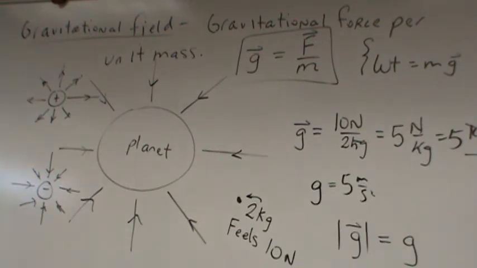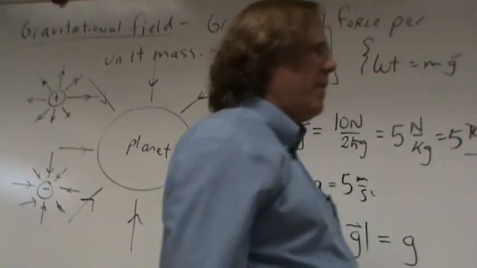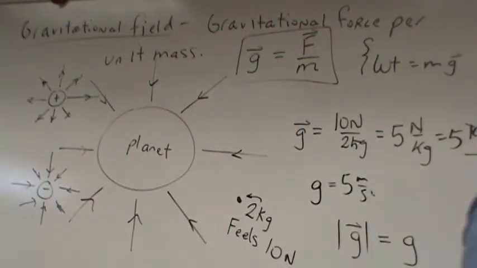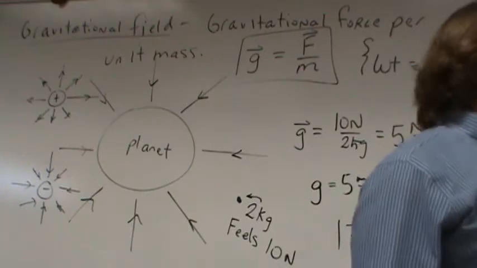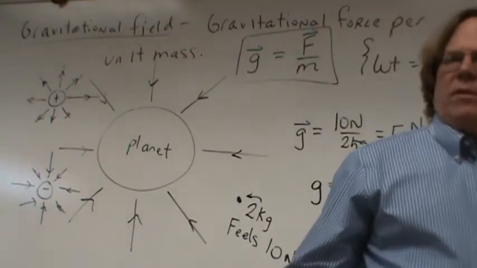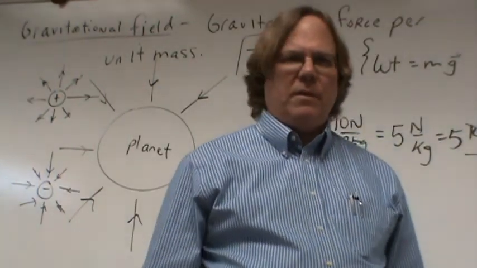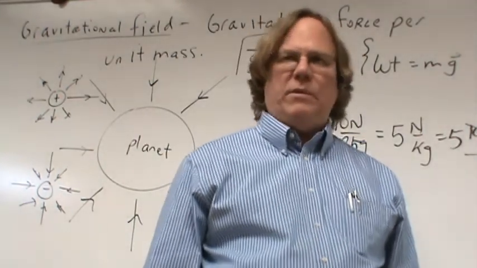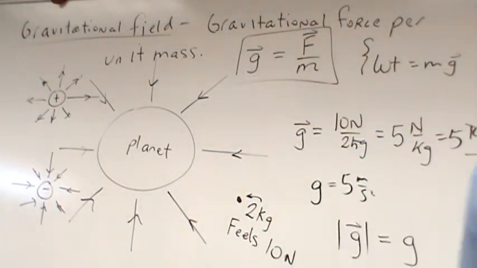So it'll be G times the mass of the planet times the little test mass over the distance squared over the test mass. This guy's the force. This guy's the mass that the force is being exerted on. And what do you notice happens to the test masses? Yeah, they cancel, just like what happened with the test charges the other day.